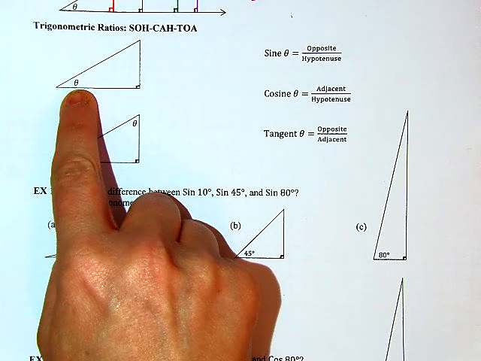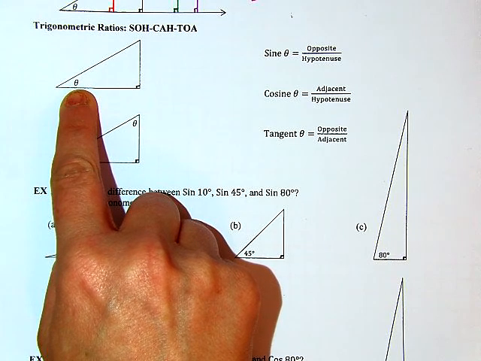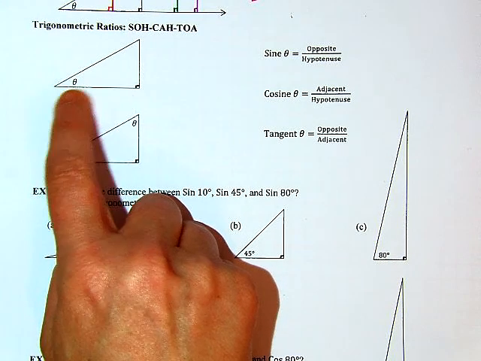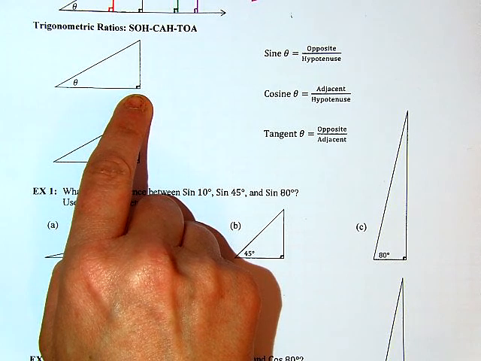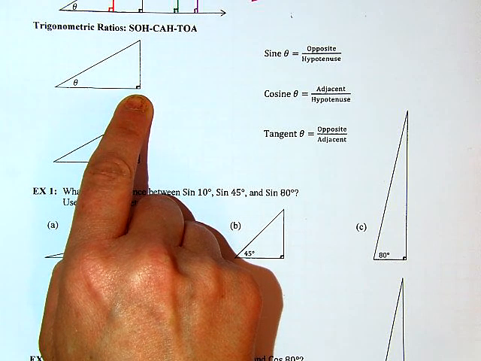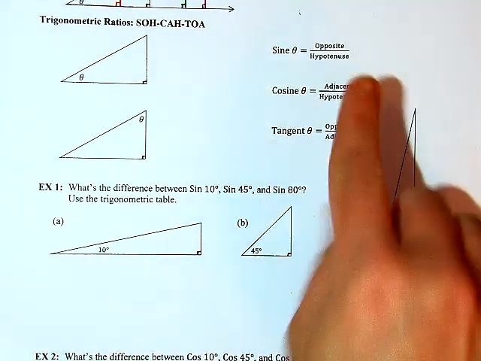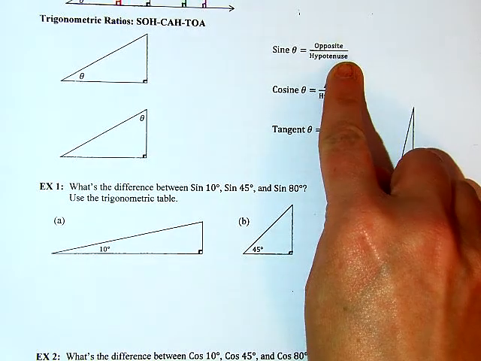Because if I have an angle measure here that's set, say it's 10 again, for example, and this is 90, right? My triangles, I could scale up, I could shrink down, but they will be similar and our sides will have the same ratio. So the sine ratio says opposite to hypotenuse.